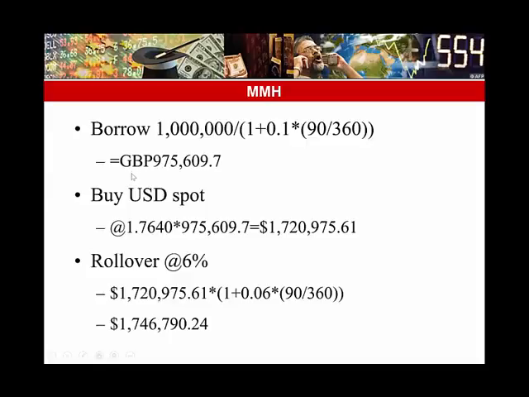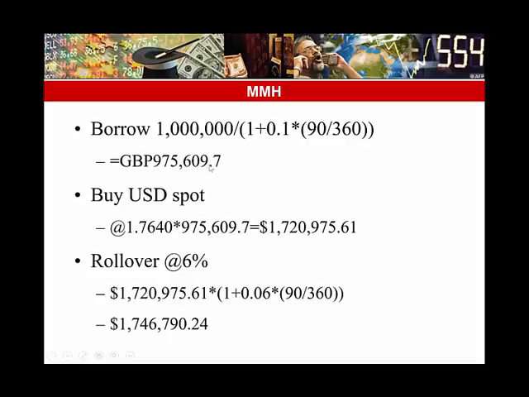So after the adjustment, we get 975,609.7 British pounds. So the present value of 1 million pounds at the rate of 2.5% for 3 months is equal to 975,609 pounds.